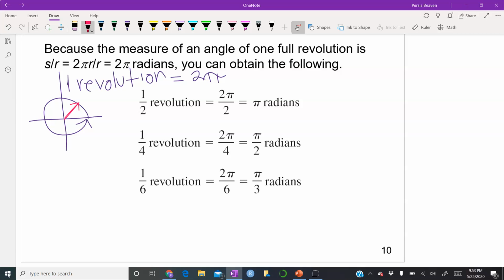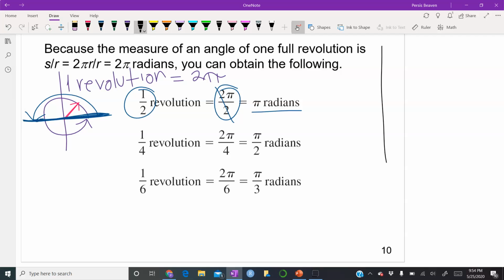So if we divide that circle into 2 equal parts, and I'm just going to divide them across the x-axis, then this will be equal to half of a revolution. And so if the full revolution is equal to 2 pi, and we divide that by 2, we will get pi radians.